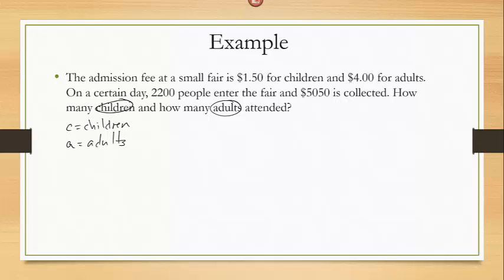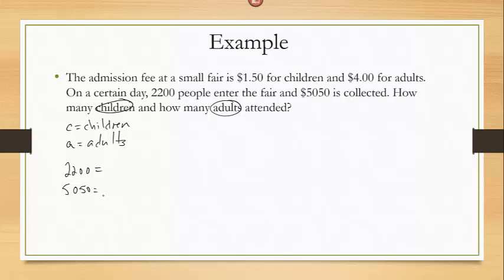It says 2,200 people enter the fair, and also $5,050 is collected. So we're focusing on the amount of people that have entered the fair, and on how much money has been collected. So let's say that 2,200 is the solution to one equation, and 5,050 is the solution to another.